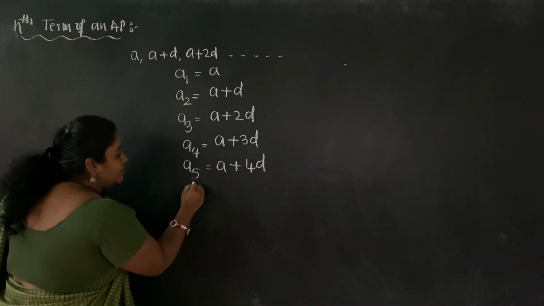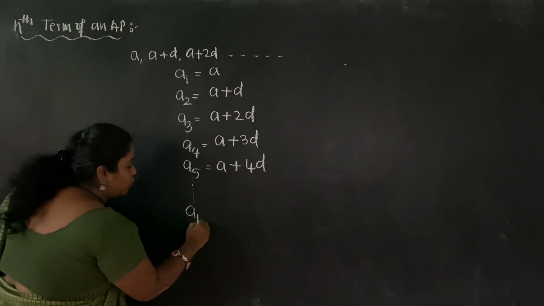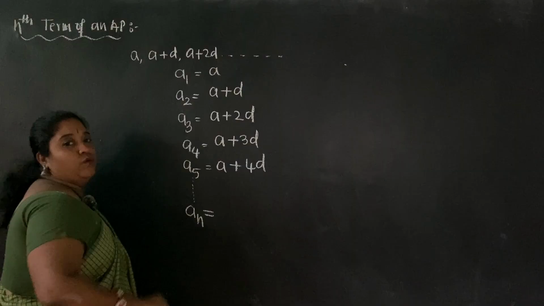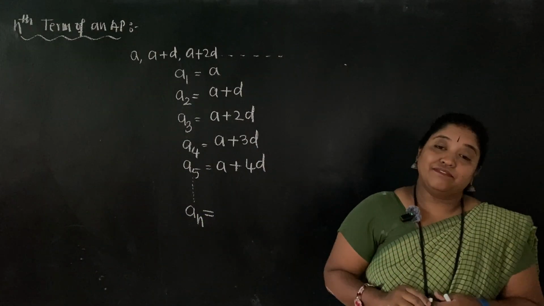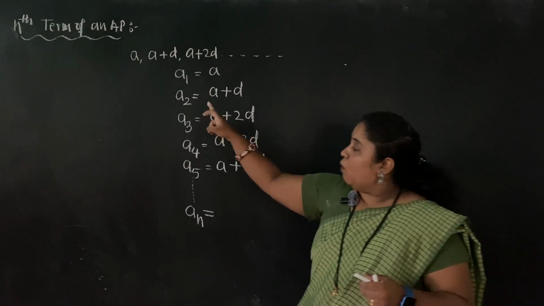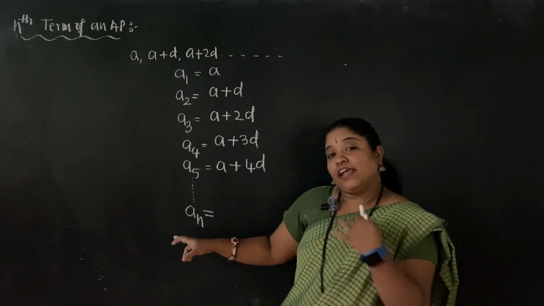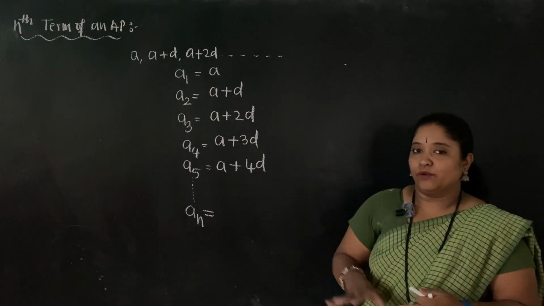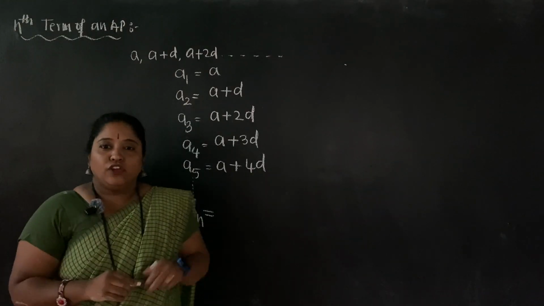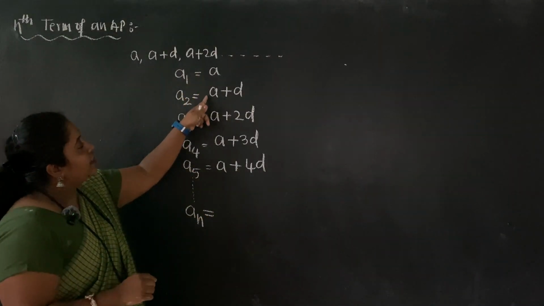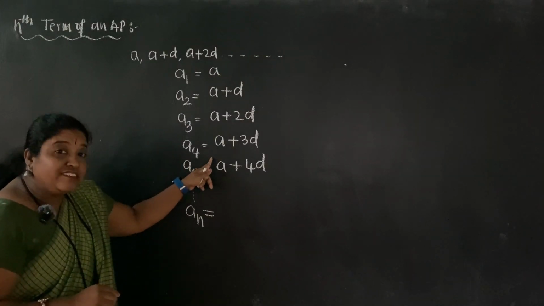This is what I need to continue in order to write the nth value of an AP, because I need to derive the nth value. I know all the simple values, but how do I write any n value? Look at the board. If I want to write the nth value, use your common sense. What is common here? a is common, so a must be written.